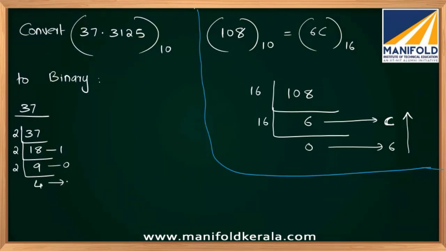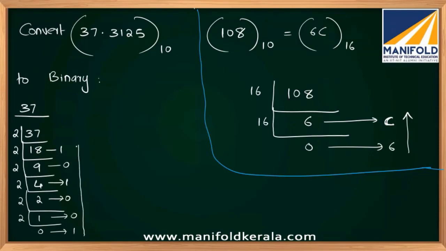Then 9 divided by 2 is 4 with remainder 1, 4 divided by 2 is 2 with remainder 0, 2 divided by 2 is 1 with remainder 0, and 1 divided by 2 is 0 with remainder 1. You go from bottom to top, so 37 in binary is 100101.